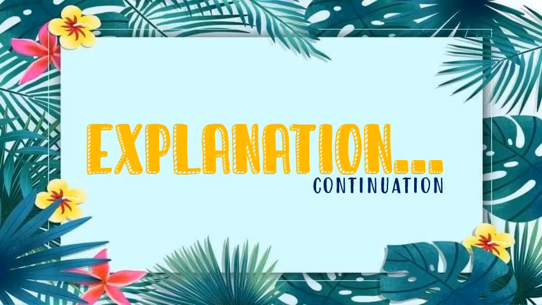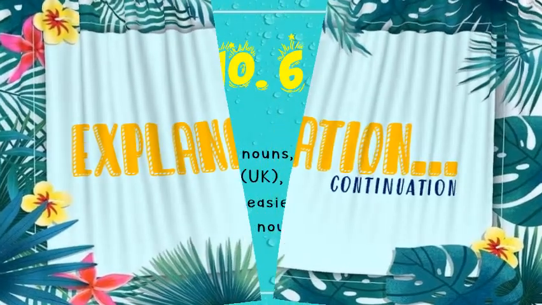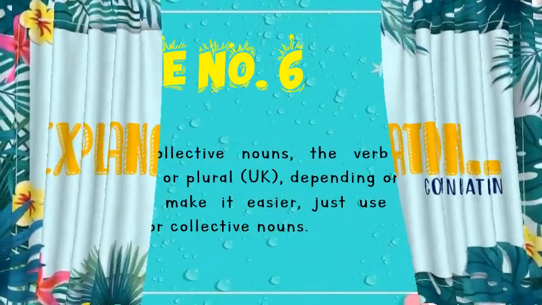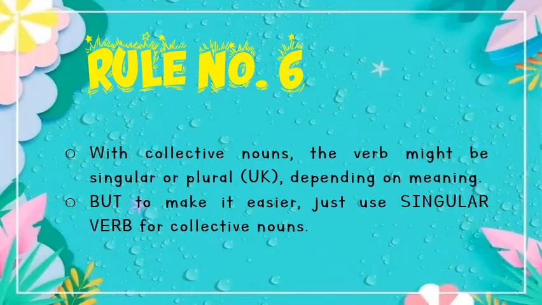Okay, we will continue with rule 6 until rule 10. Continuation, okay, sambungan. Okay, for rule 6, with collective nouns, the verb might be singular or plural, depending on meaning.